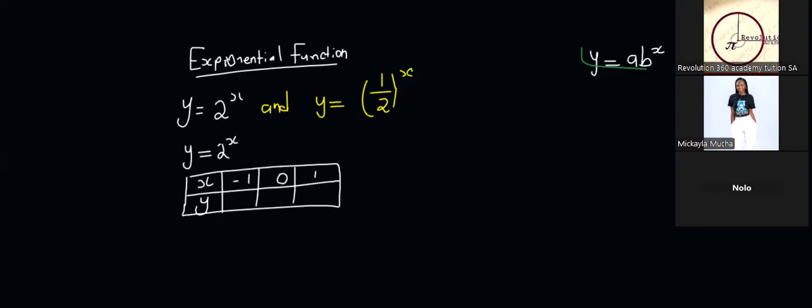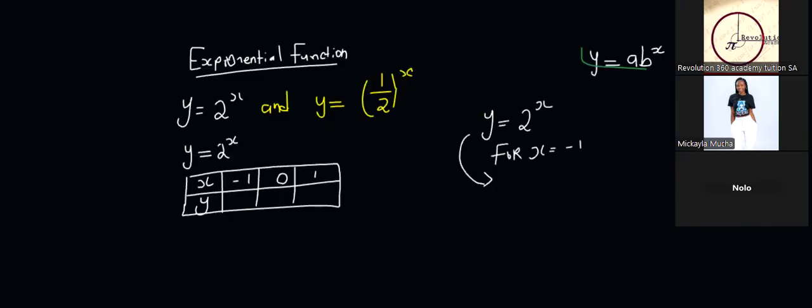Okay, let's continue, guys. So these are the x values that they actually gave you. What you're going to do is this aside on a scribbler by writing y is equal to 2 to the exponent of x, that is the equation that we have. And then for x equal to -1, I'm going to rewrite the equation y is equal to 2 to the exponent of x.